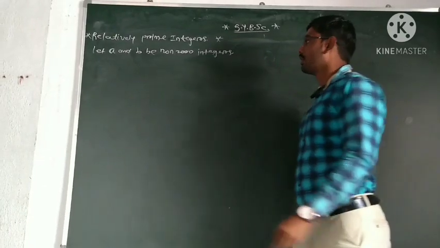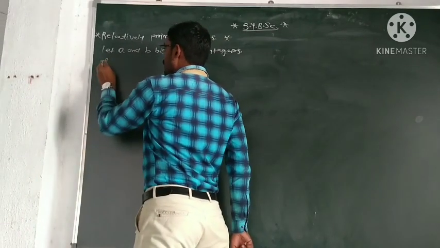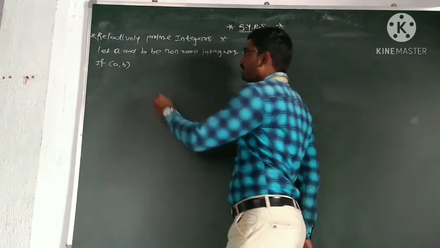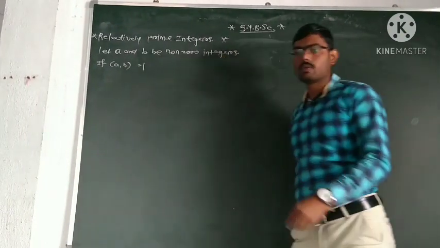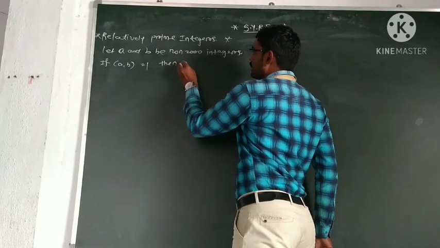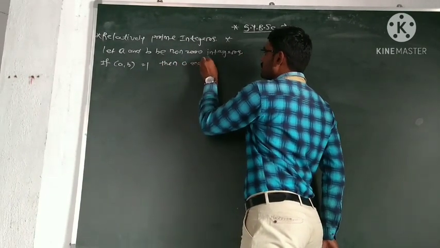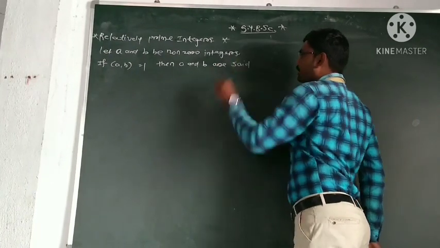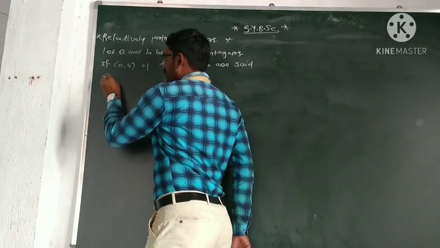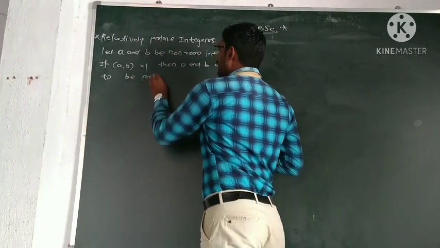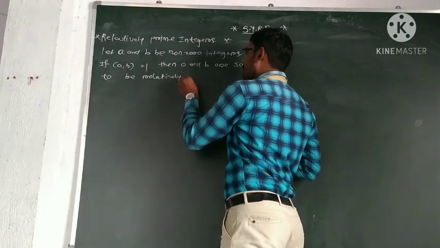If GCD of A and B is equal to 1, then the integers A and B are said to be relatively prime.